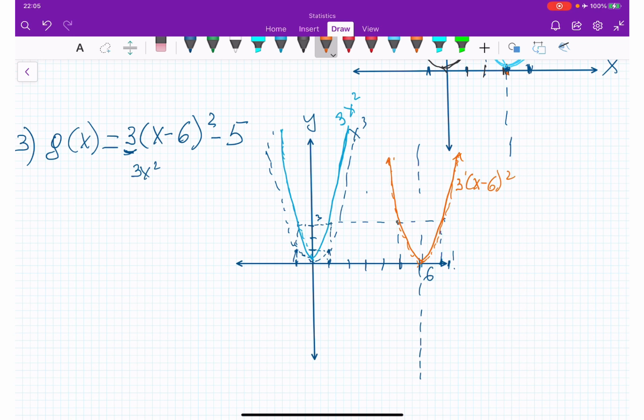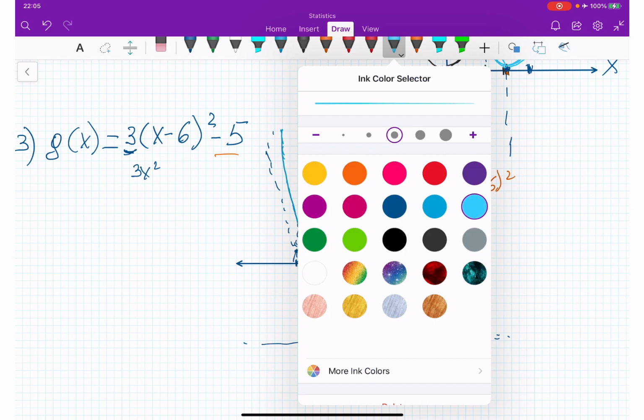Okay, and lastly we are going to do minus 5, right? Bring down by 5. This 3 times x minus 6 squared, take it and move down by 5. So let's see, 5, 1, 2, 3, 4, 5. Okay, it's going to go through here. This is negative 5. Okay, so what color are we going to choose so it will look nice, so we can see?